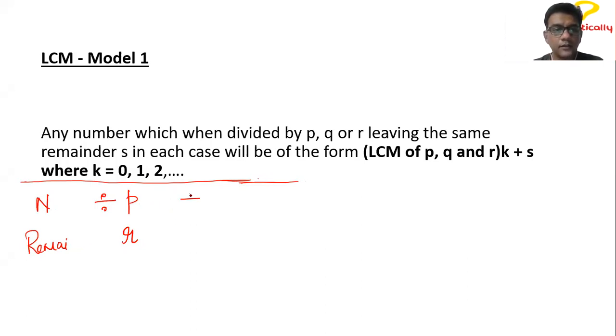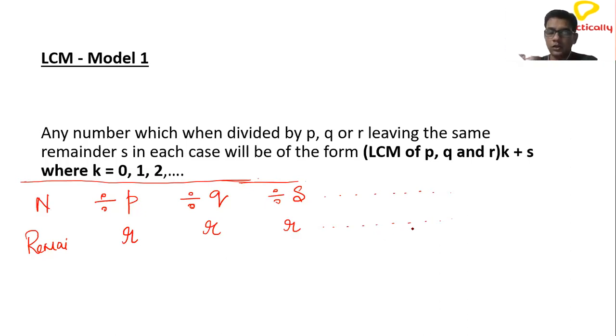I divide this number by q, and I still get a remainder r. And let's say I divide it further by s, and I still get a remainder r. No matter how many other numbers I divide by, I end up getting r as a remainder.